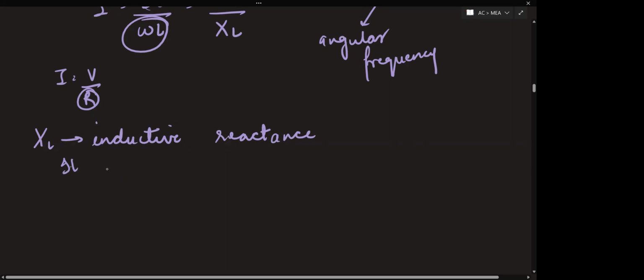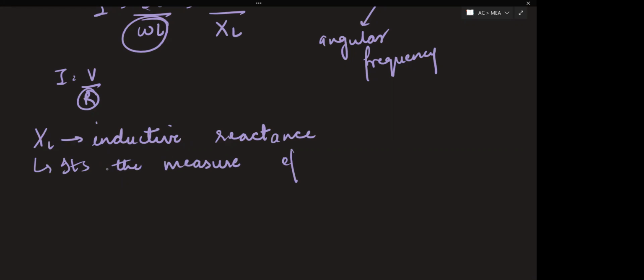It's the measure of resistance. It's also a type of resistance only. The resistance that is offered by inductor, that we call as inductive reactance. The resistance that is offered by the resistor, we use it as normal, capital R. Fine.